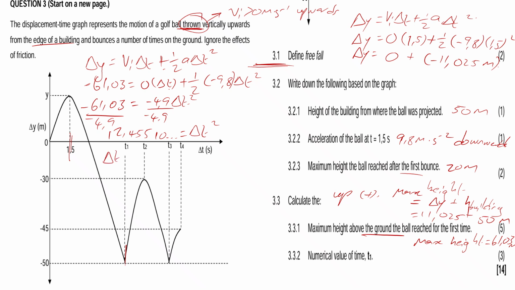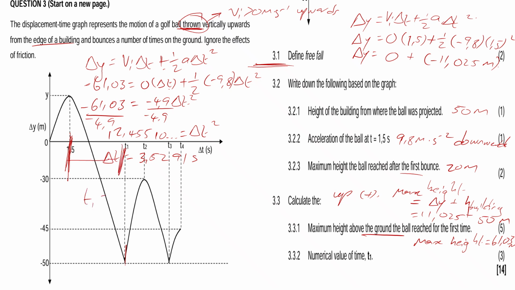So the change in time is the square root of this, which is 3.5291 seconds. But this is the time taken from the maximum height to the ground.